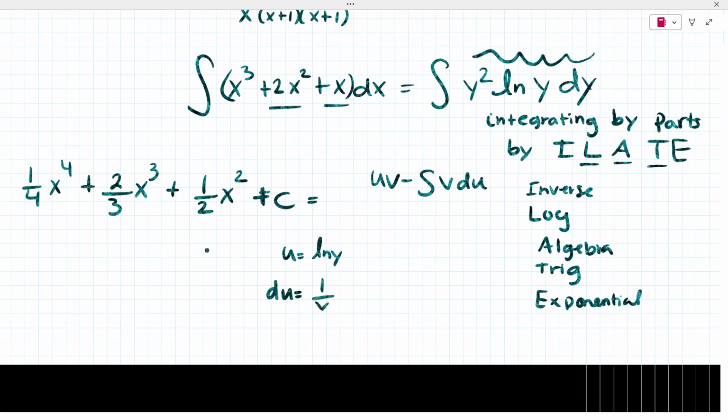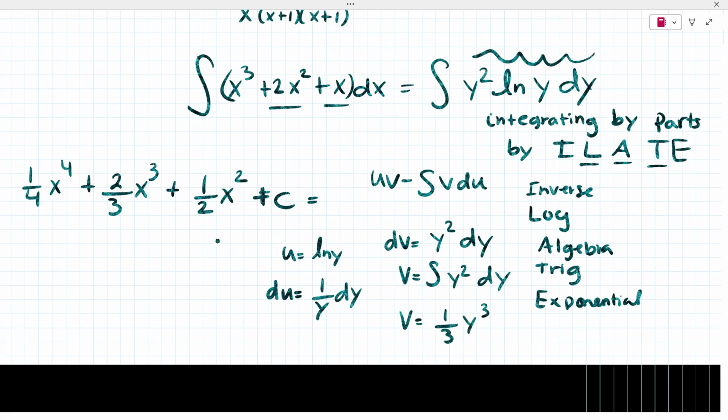It's 1 over y dy. And my dv is the simpler one, so that would be y squared dy. And v is the integration of dv, which is the integration of y squared dy. So v is going to be 1/3 y cubed.